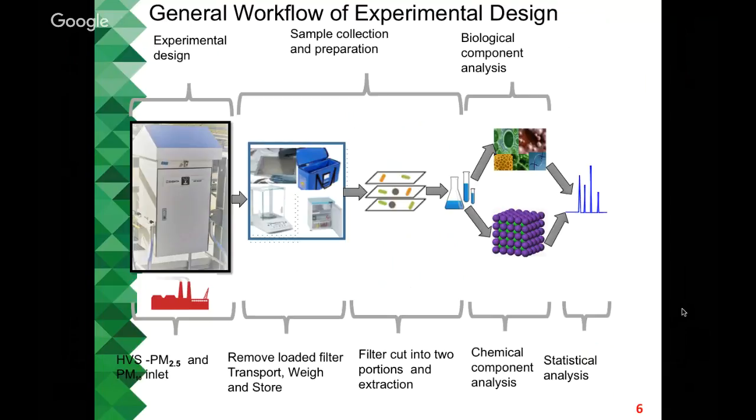So that's why I try to use the same sampler, same site, same sampling duration, and then take the filter, cut it into half, and use one half for chemical, another half for biological, and then look for possible correlation, and then do interpretation of the different chemical and biological.